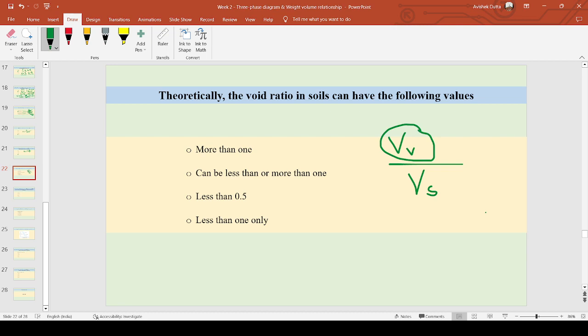be more than the volume of soil solids, because see, I'm considering this to be our volume, this is a box. Now we have soil solids like this and this, suppose. Isn't the void having more volume than the soil solids?